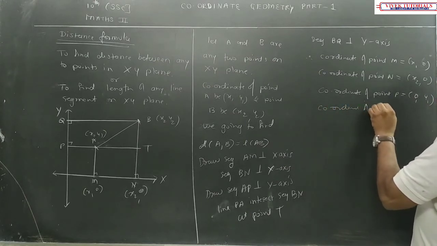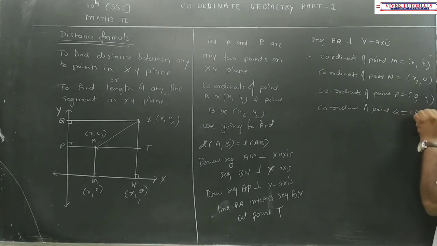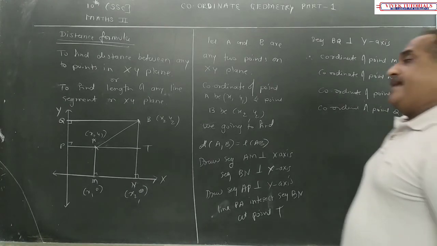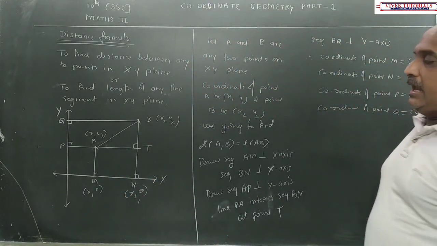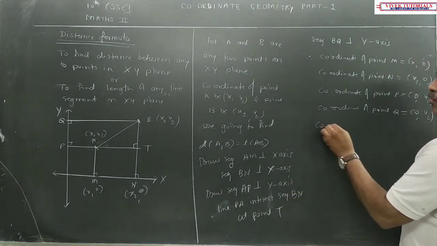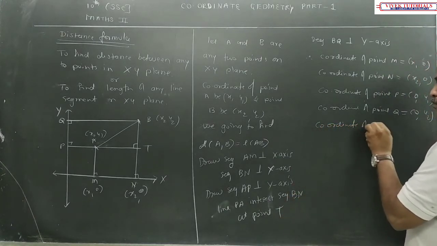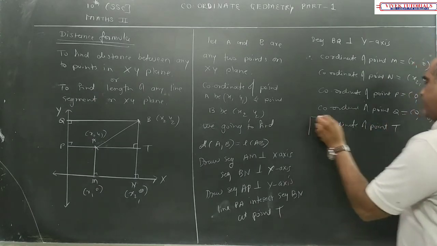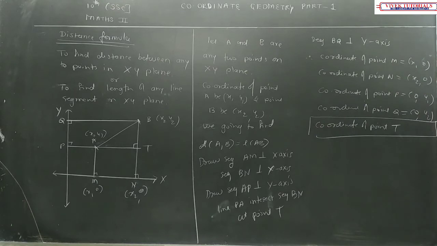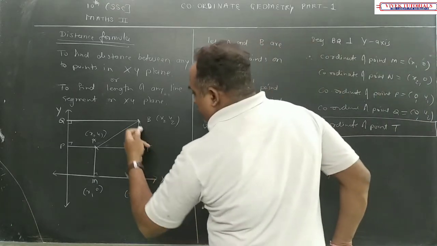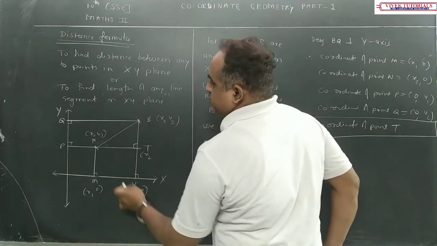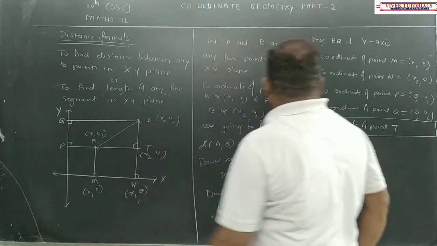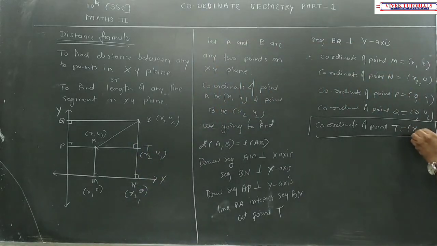The coordinate of point Q will be 0 comma y2. And the most important thing is this point T. For point T, now the coordinate of point T is the most important. Even if you don't write it in the text, it's fine, but the value of T will be x2. This whole thing is x2 and this will become y1. So this will become x2 comma y1.